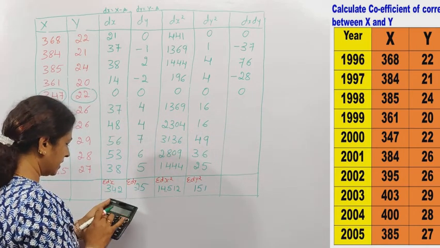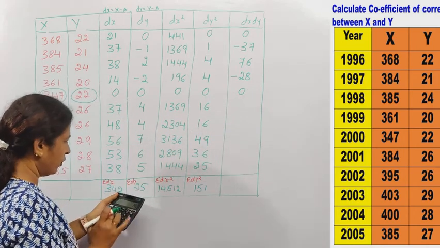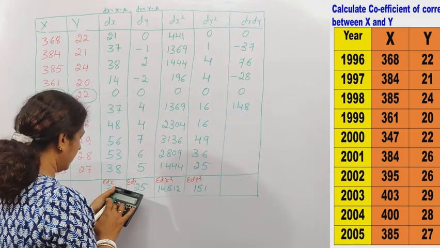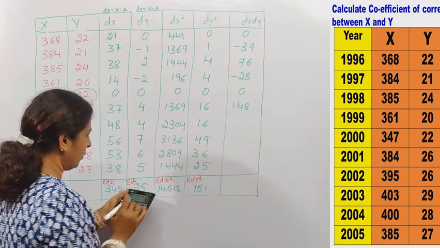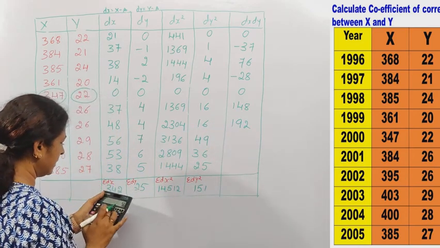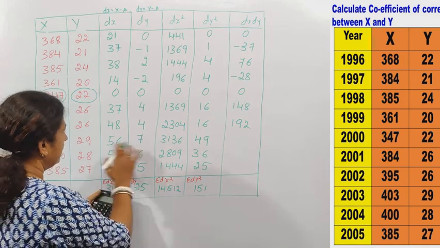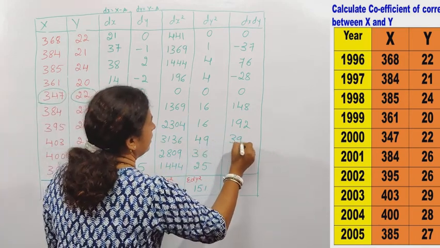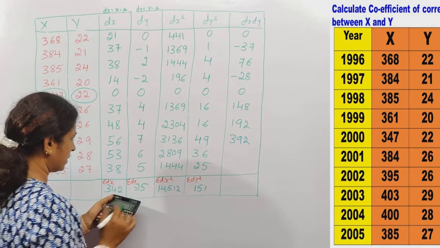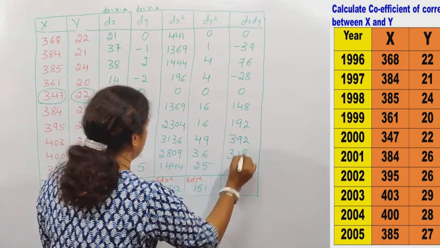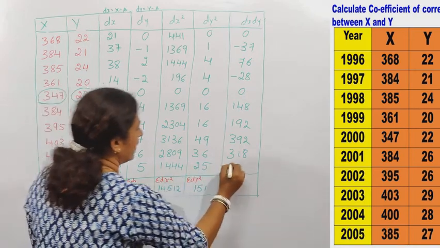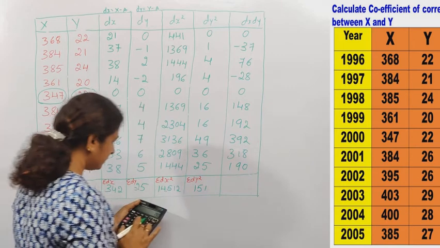Next 37 into 4, 148. 48 into 4, 192. Next 56 into 7, 392. Next 53 into 6, 318. 38 into 5, 190.